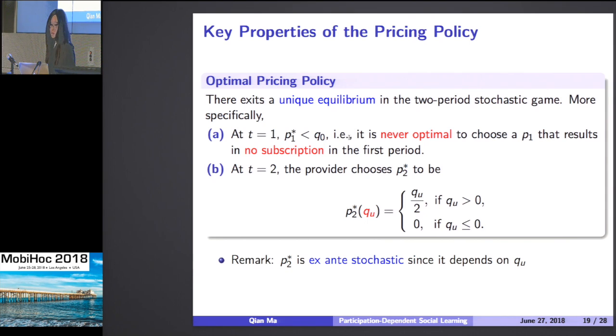So intuitively, it is never optimal for the provider to set a too high P1 that results in no subscription in the first period. And for the second period, the provider chooses an optimal second period price, which depends on the updated mean QU. Recall that the updated mean QU is ex ante unknown, so the second period price P2 star is ex ante stochastic.